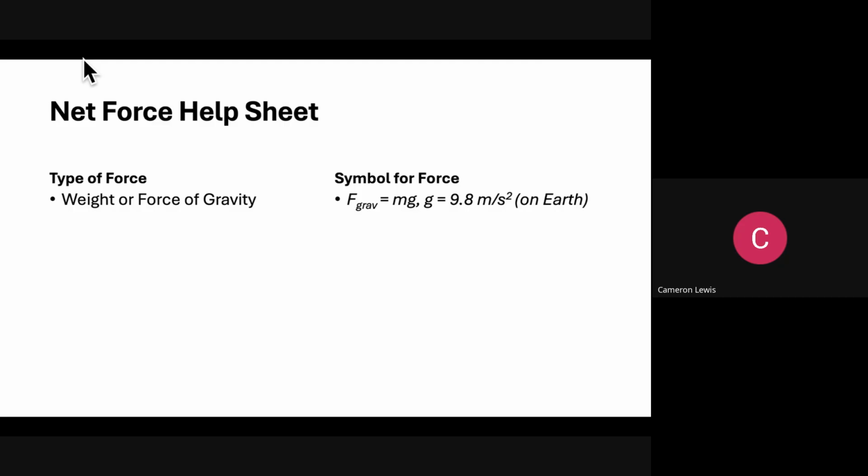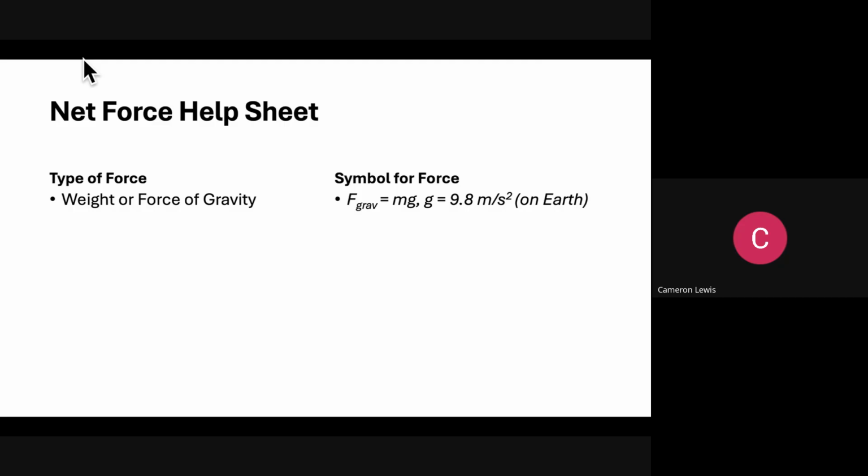What does this equation look like? Mass times what? Mass times gravity, and gravity is an acceleration.